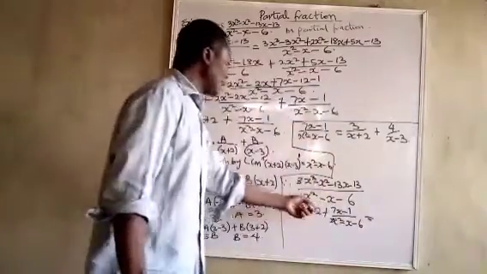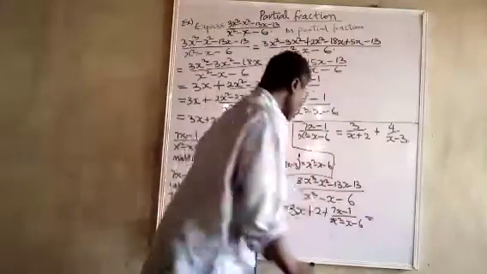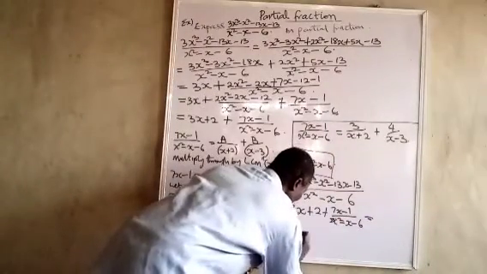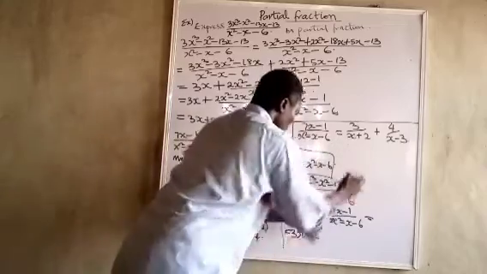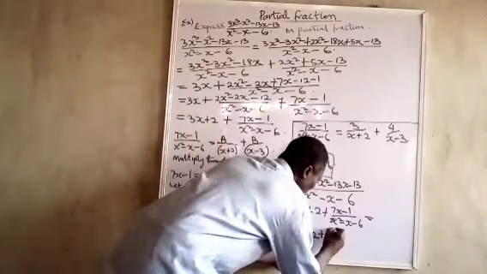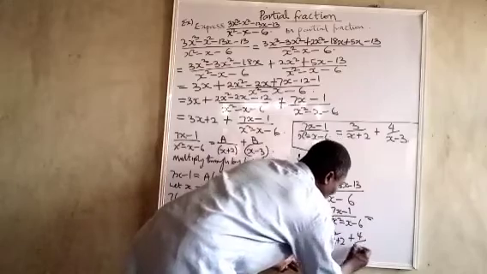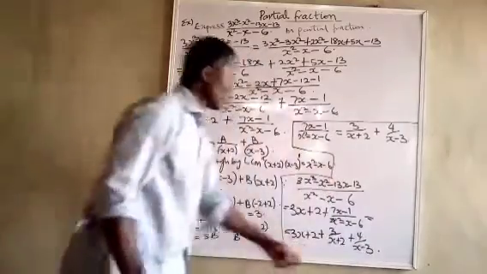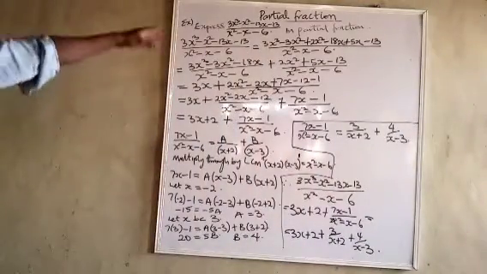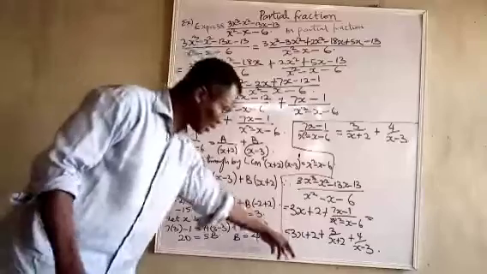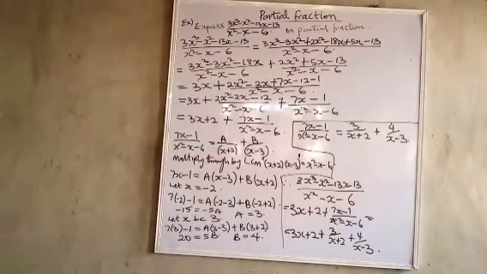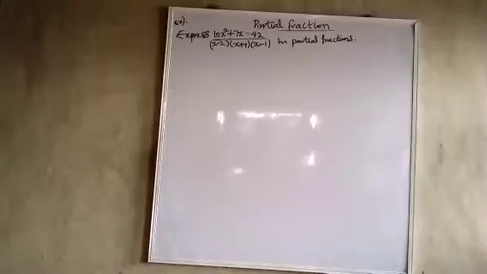And we have broken this one down, which will be equal to 3x plus 2 plus 3 over x plus 2 plus 4 over x minus 3. So that's the final answer. So, expressing this as a partial fraction, this is the answer. We have another example here.